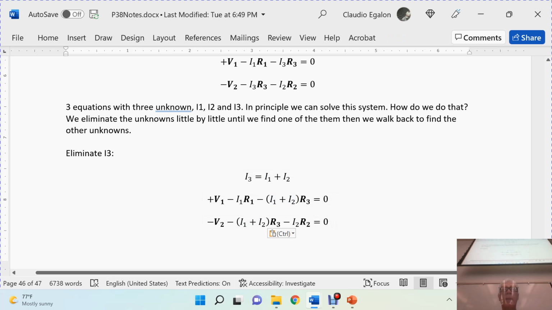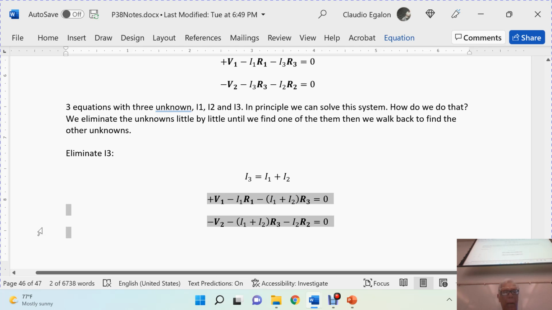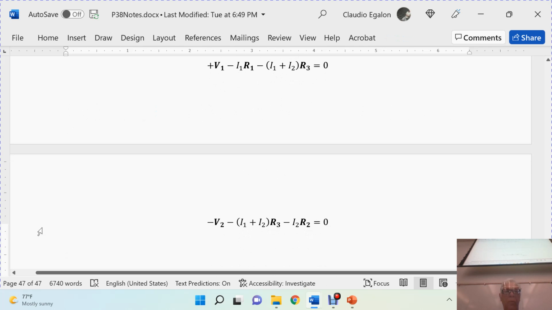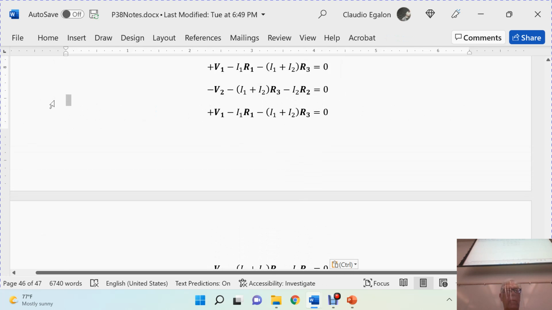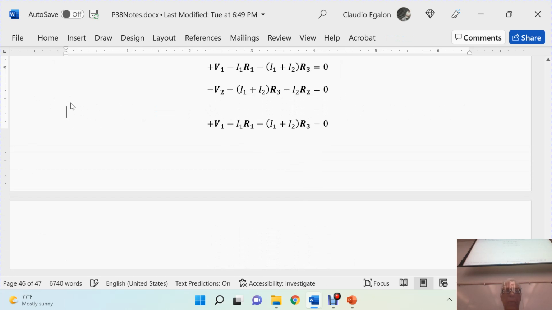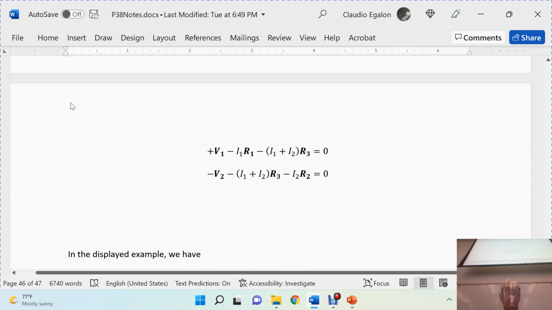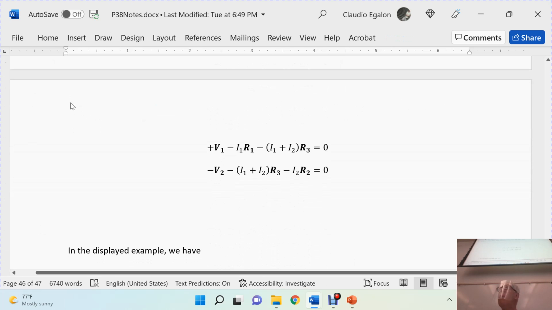Now that I eliminated I3, we do not need the equation of I3 anymore, at least for now. Later on, we're going to revisit it when we do the walk back. To make things simpler, instead of three equations, worry about two equations, and later you revisit the third equation that we abandoned.